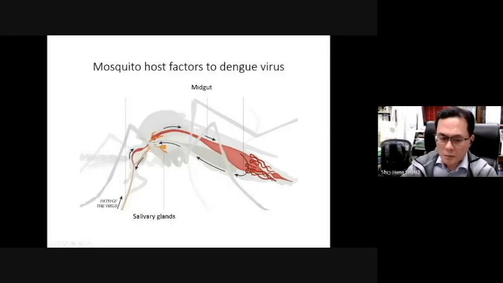When a mosquito takes an infectious blood meal, the virus replicates in the mosquito midgut. Next, the virus disseminates to other tissues, for example the salivary gland. Once the infected mosquito takes another blood meal, the dengue virus is released from the salivary gland through the saliva into the host.